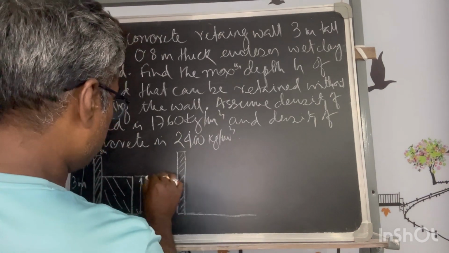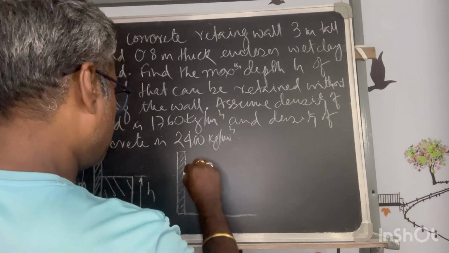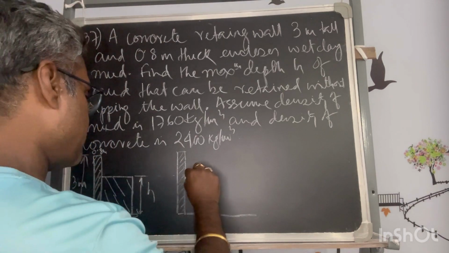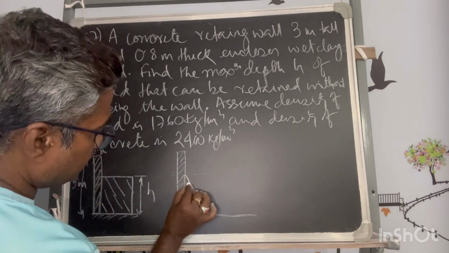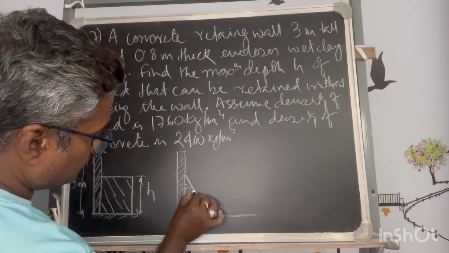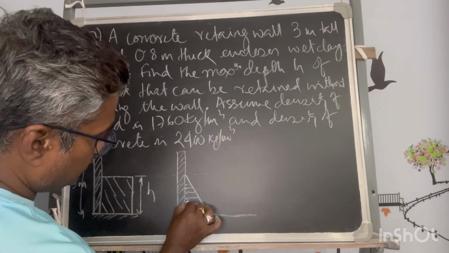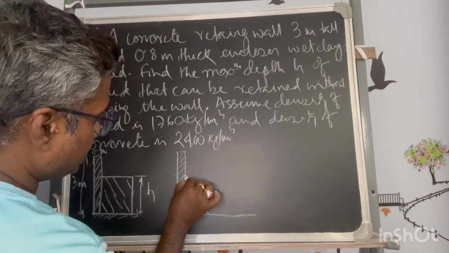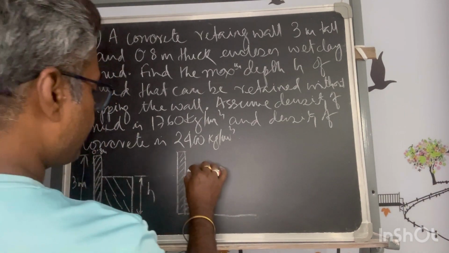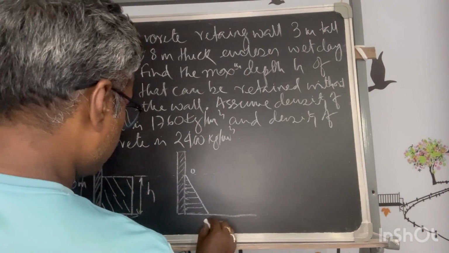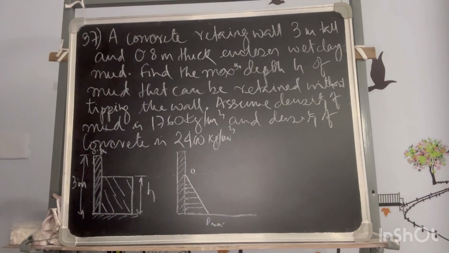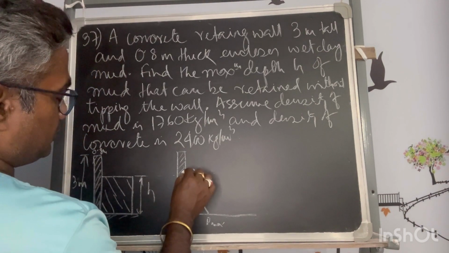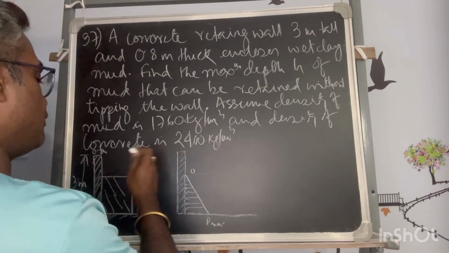At the top the pressure will be 0 and slowly it will increase. So this is the pressure line which is increasing. This is 0 pressure, this is maximum P max. So this way the mud is creating a pressure on this. So what are the cases in which it will fall?